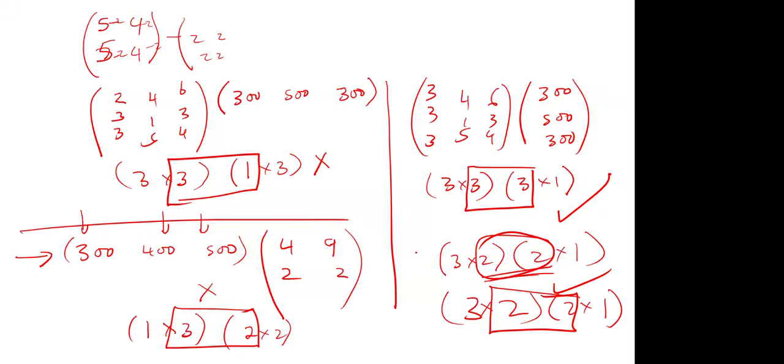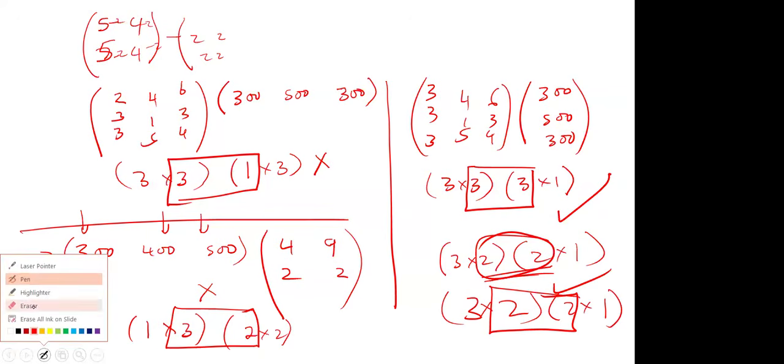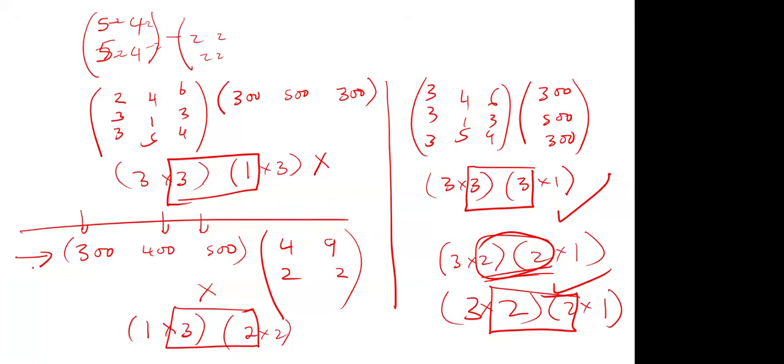Now, someone is asking, what if we have this matrix, with 1 and 3 and 2 and 2? You notice that here you cannot multiply them. If you find that there is nothing you can do to interchange, it means you need to go back and look at how you have summarized your data.